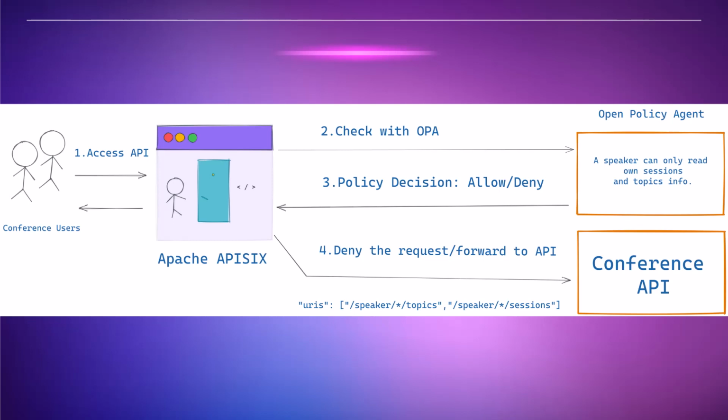Attendees can leave their feedback about speaker sessions via a POST request to /feedback, and the speaker can only see it by requesting the GET method of the same URI. In this demo, we are going to use this conference API as our backend service with a set of resources, and we are going to apply RBAC to open resources or closed resources based on roles and permissions.